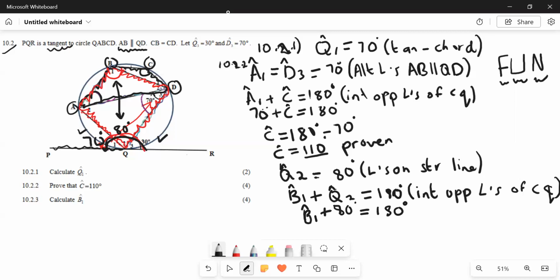Then we transpose 80, and we end up getting B1 as 100 degrees. So we got our B1 as 100, right?